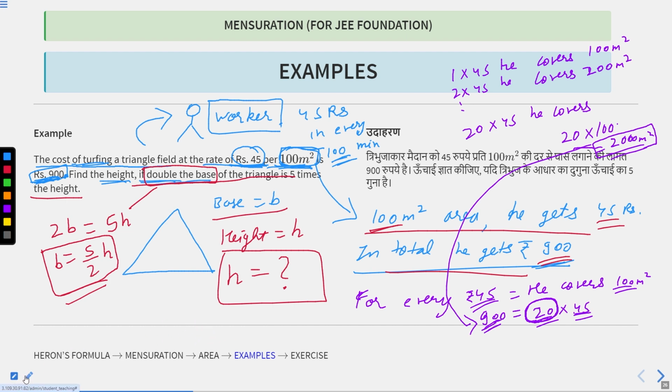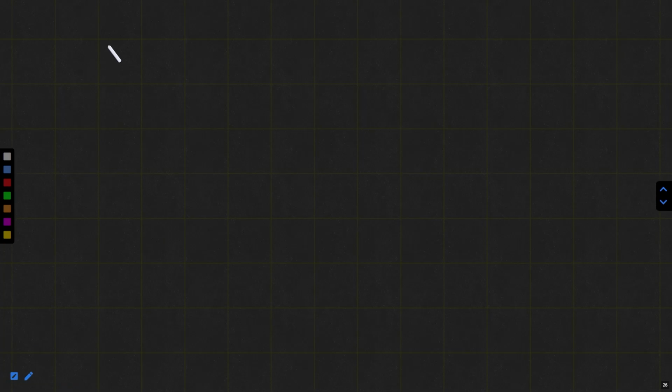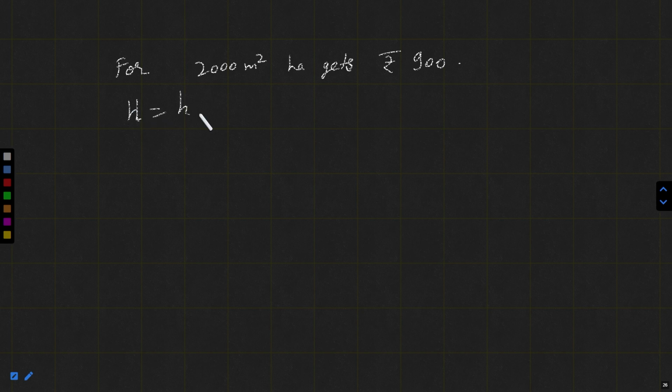Now for 2000 meter square he gets 900 rupees. We know the height is h, we know the base is 5 by 2 h, and this is the unit for area. That means the area is 2000 meter square.